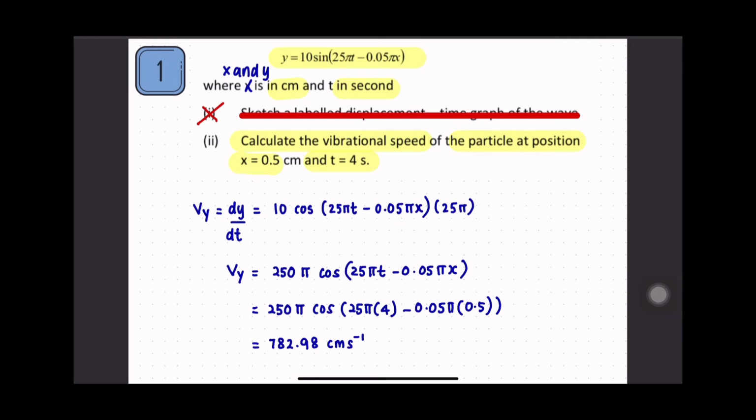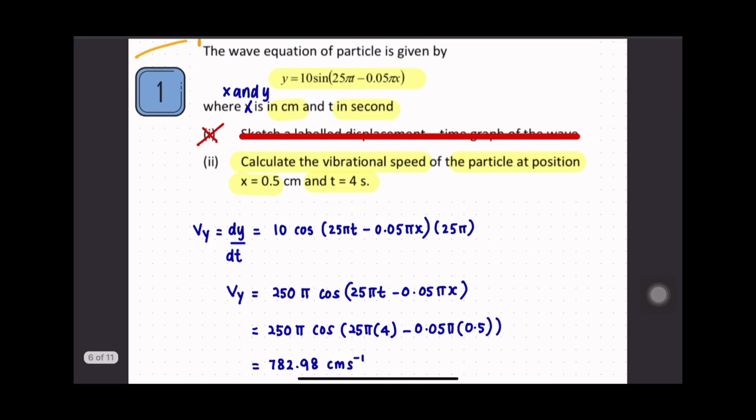So what we have to do is Vy is equal to dy per dt, which is 10 cos (25 pi t minus 0.05 pi x) times 25 pi. This I have taught before, differentiation. We take out the 10 first, then differentiate sine (25 pi t minus 0.05 pi x) to become cos. Differentiating sine gives the cos function, and then differentiate the t term, which is 25 pi.